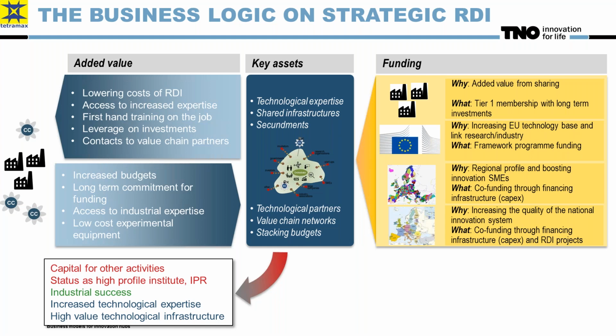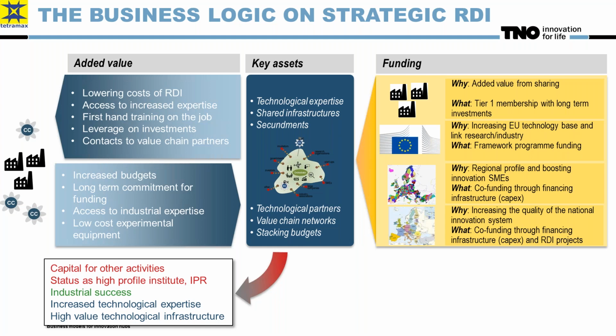On a national base, it is about the increase of the quality of the national innovation system. It's also, again, informal, one-time only financing of infrastructures, but there's also formalized projects or formalized programs that will support RDI projects.